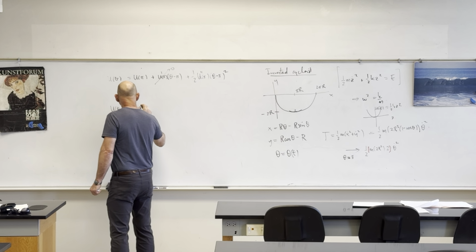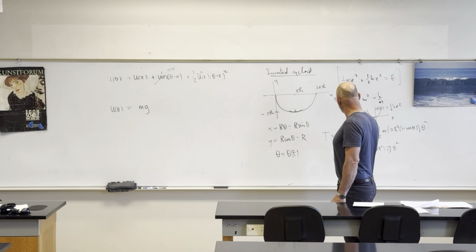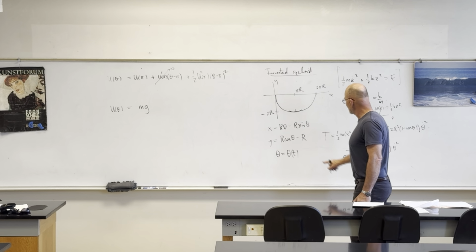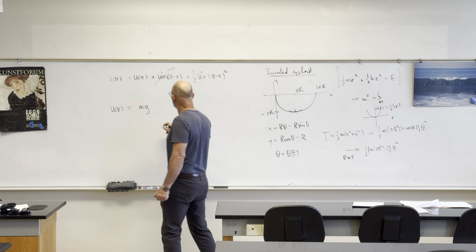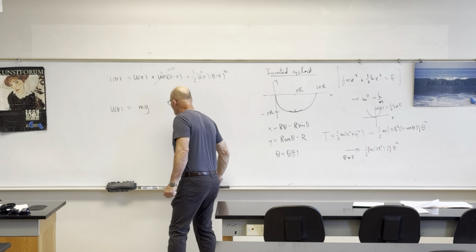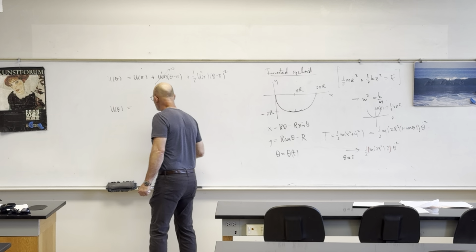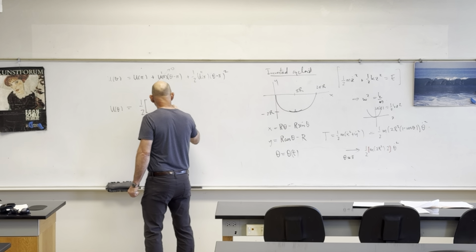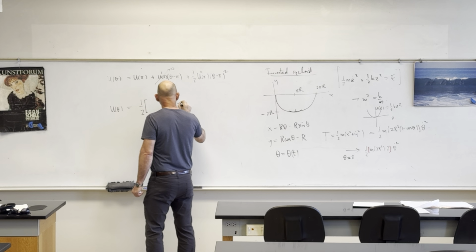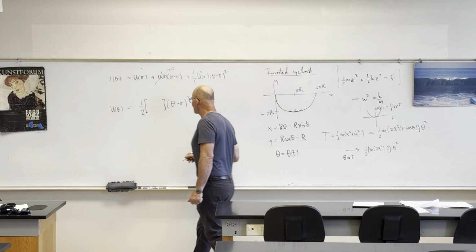mg. And then the second derivative of this thing here, I'll write it this way. We're looking for u of theta 1/2 something (theta minus pi) squared.